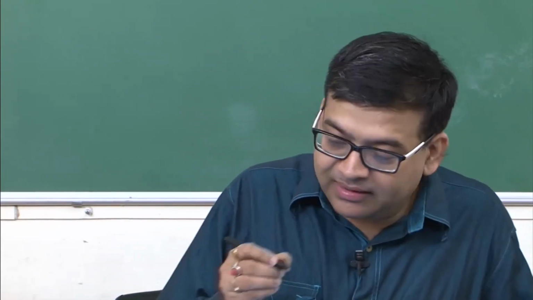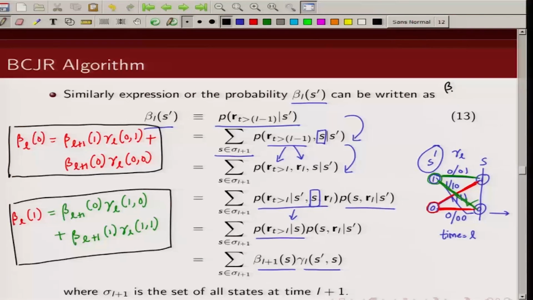Now, how do we know the values of beta? If the encoder is terminated, that means if the encoder is brought back to all 0 state, in that case beta at the end of the block, let's call it beta at time k, at state 0 will be 1 and for all other states it will be 0, in this case there are only 2 states.